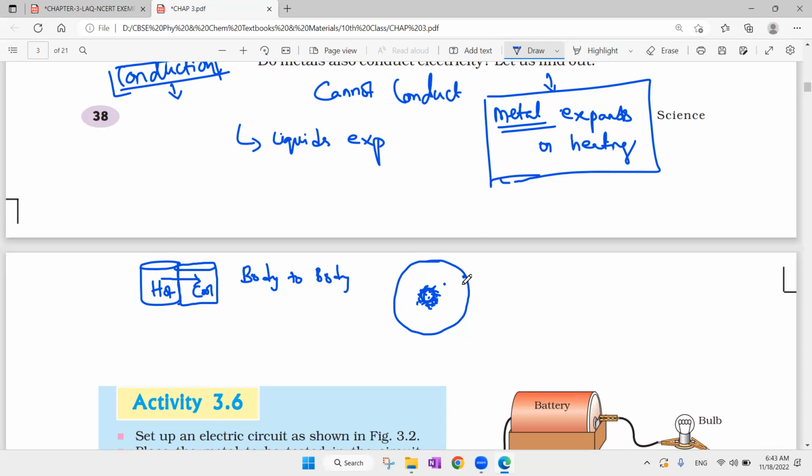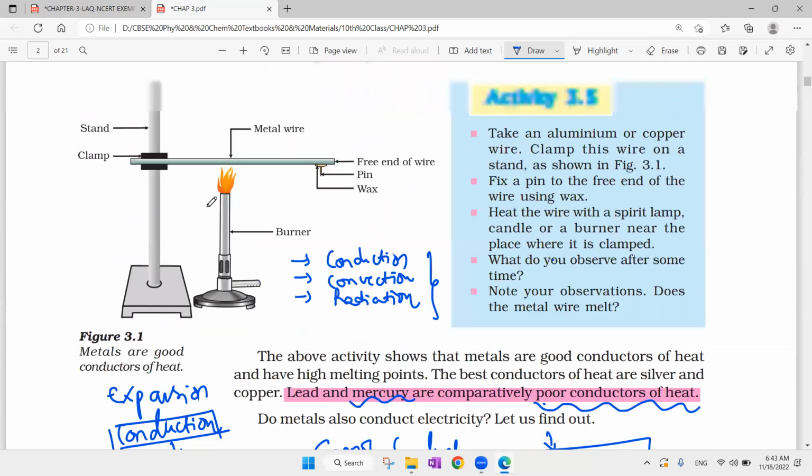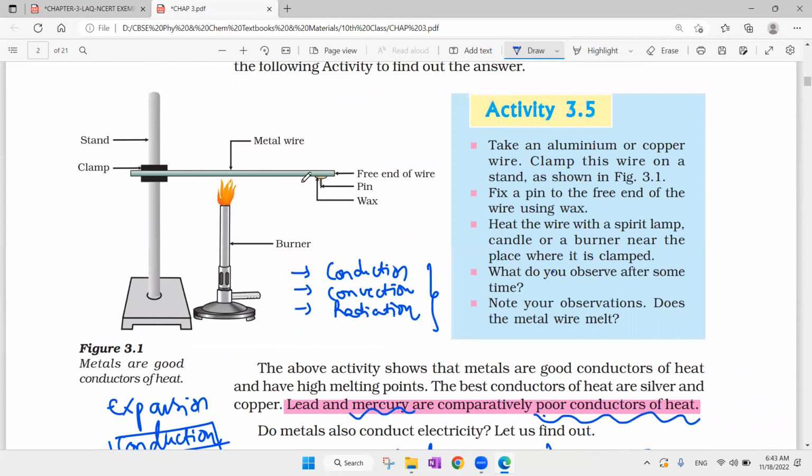How come? Not only that, see the same example here: this is an iron rod. After taking this iron rod or some metal rod, stick some wax and keep one iron nail to it. Here you are supplying heat energy in the same body.